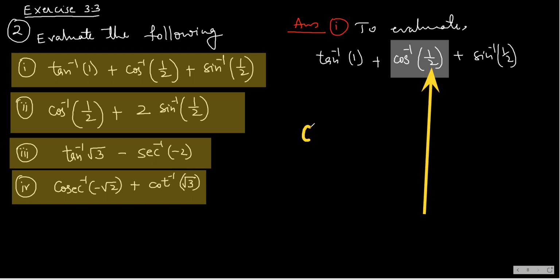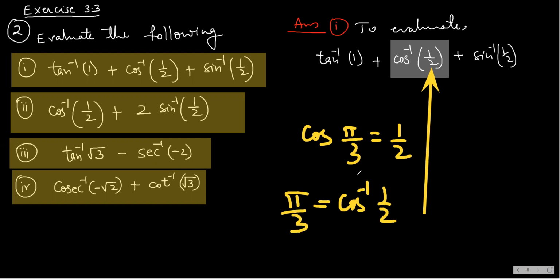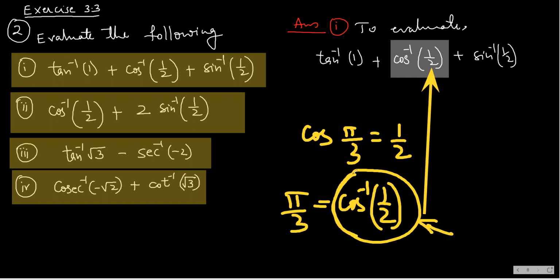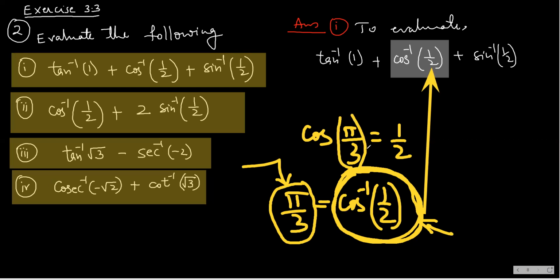So you know cos of pi by 3 is 1 by 2. So cos inverse of 1 by 2 is pi by 3. Remember, this whole thing is an angle, the angle for which cos value is 1 by 2. See, cos pi by 3 is 1 by 2.